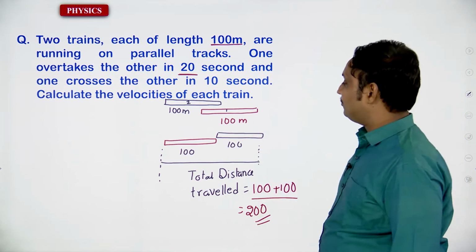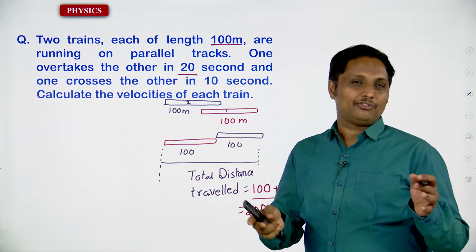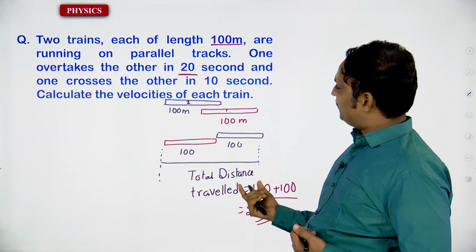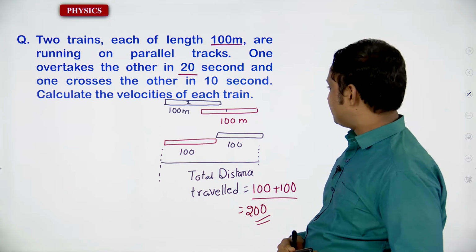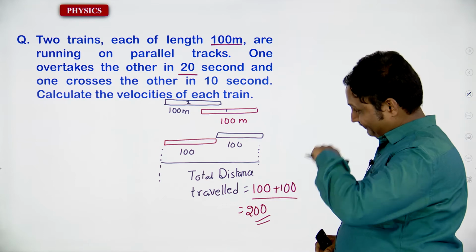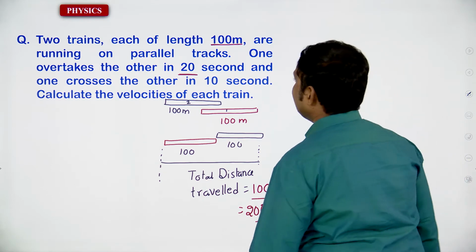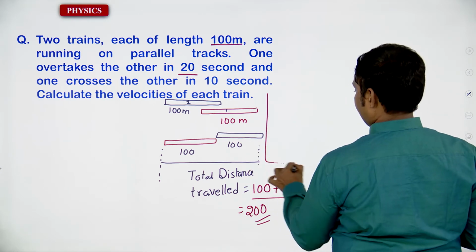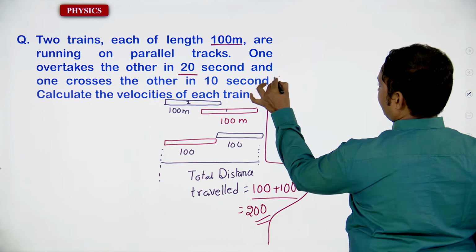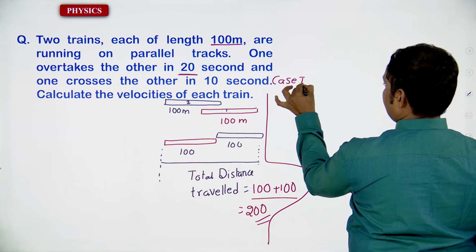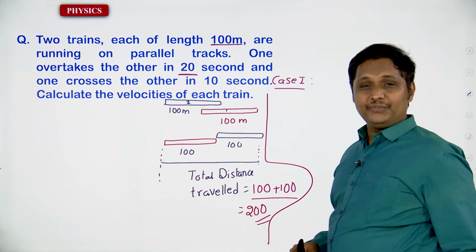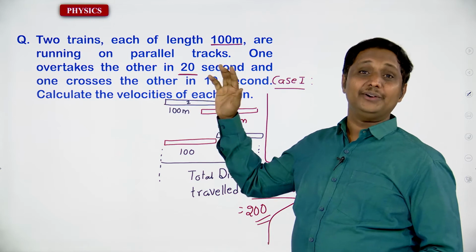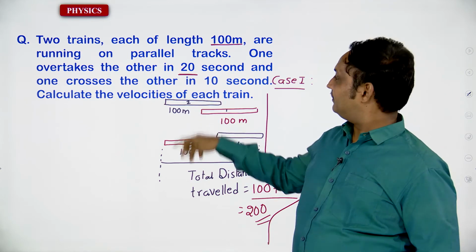We go for this total distance travelled in the case of crossing or overtaking. Now case 1. What have they given? Simply they have given the time to cross each other and to overtake the second one.